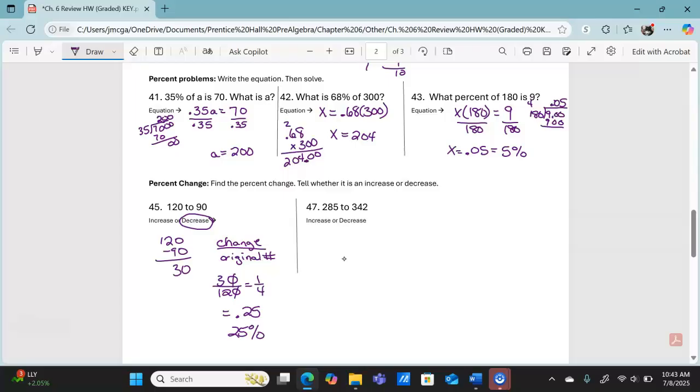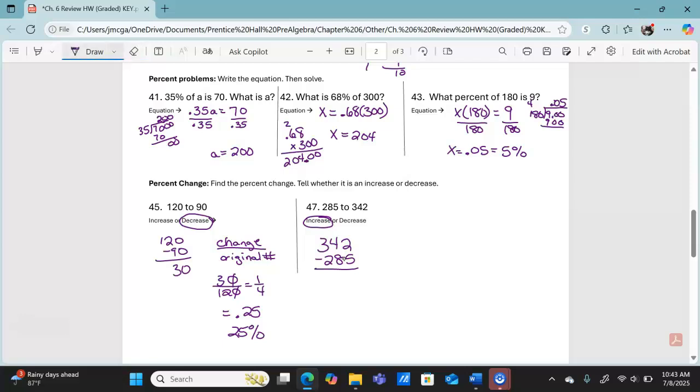285 to 342. Well, I can answer that that's an increase without even doing any math. The number went up. Then I'm going to take 342 minus 285 to find my change. Notice here, on this one, I did 120 minus 90, and on this one, I did the second one minus the first one. You don't want a negative number.